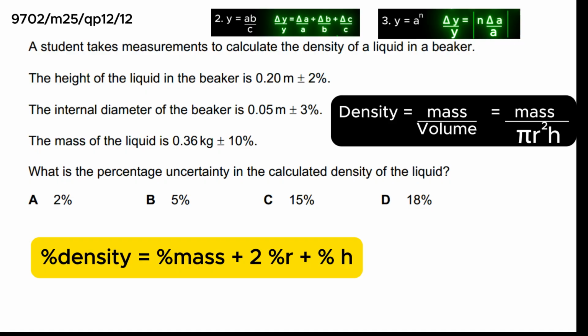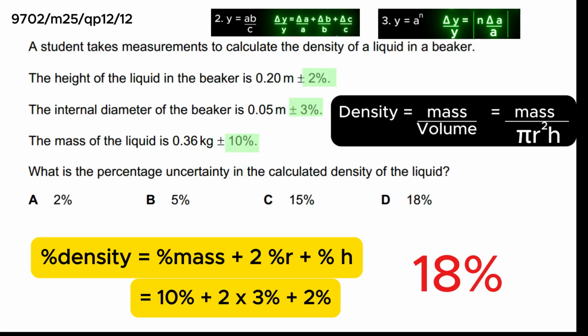Don't forget the multiplier for the percentage uncertainty of the radius, as there is a power of 2 in the formula. Now just add the chain. 10% plus 2 times 3% plus 2% gives 80%. The answer is D. You just solved the hardest uncertainty question in the 2025 series in under 30 seconds.